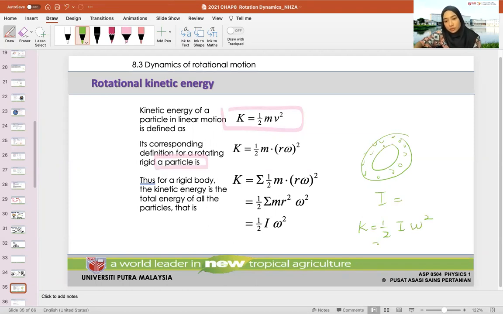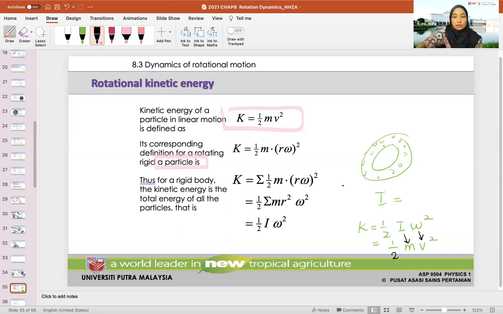It looks similar to 1 over 2 mv squared. Again, I is your moment of inertia and omega is your angular velocity. They are all tied together.